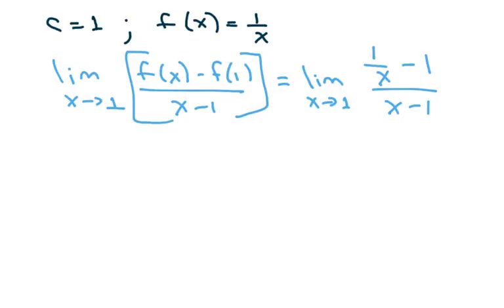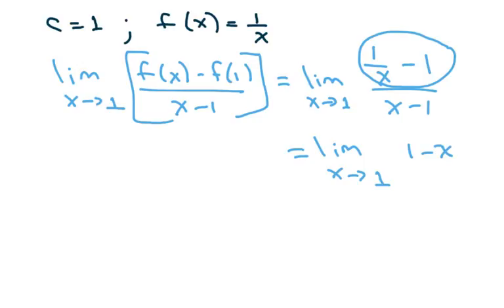Now I'm going to take the common denominator here. So I'm going to get the limit as x approaches 1 of 1 minus x over x, over x minus 1.